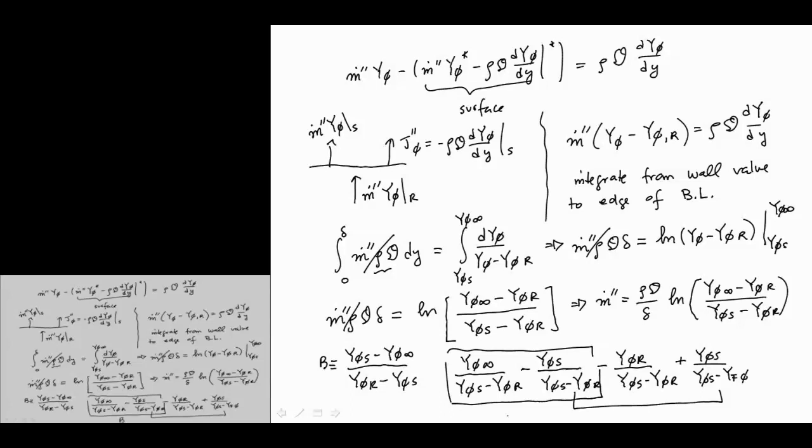So this is B. And from this quantity, we get y phi s minus y phi r over y phi s minus y phi r, and so this quantity is 1. So we get B plus 1. The long and short of it is the way we got our 1 plus B is by going through the true integration and evaluation of what the mass fluxes look like in terms of the manipulation of this system. All right.